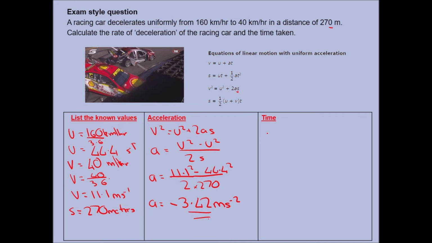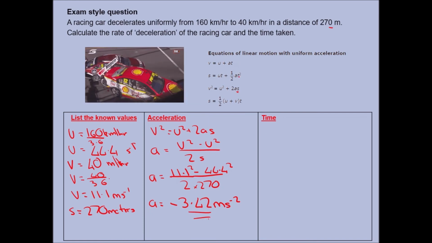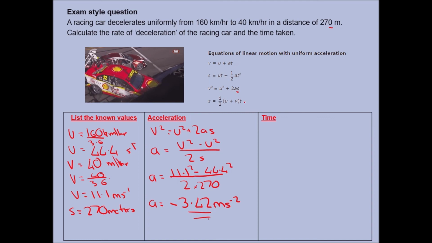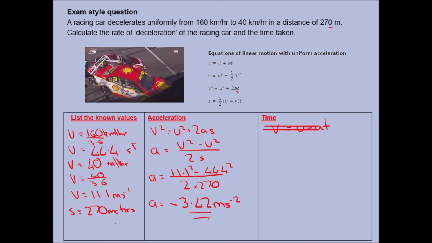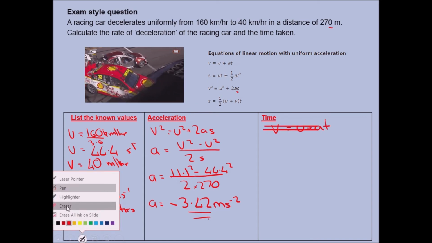Next bit, calculate the time. Same as before. Again, you could use a couple of different versions of these formulas, but we keep it nice and simple. So we've got V equals U plus AT.